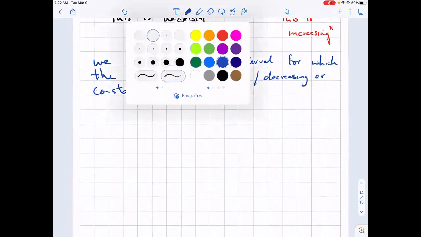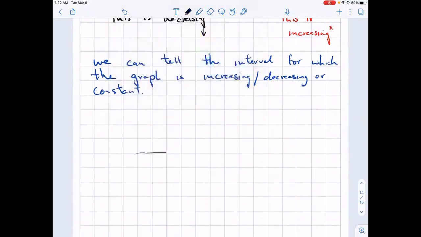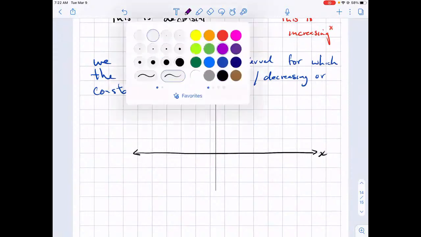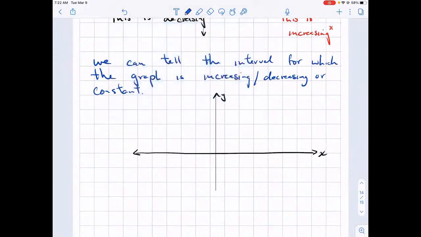So let's look at an example of this. If we have this graph, and let's say the graph looks like this. So here, comes back here, goes over here, and then goes up there. So this is your graph.